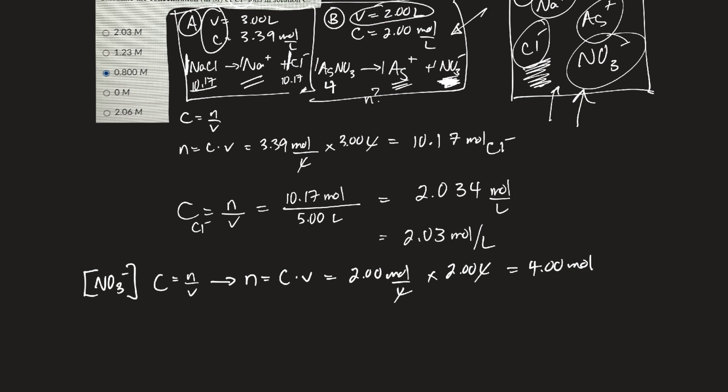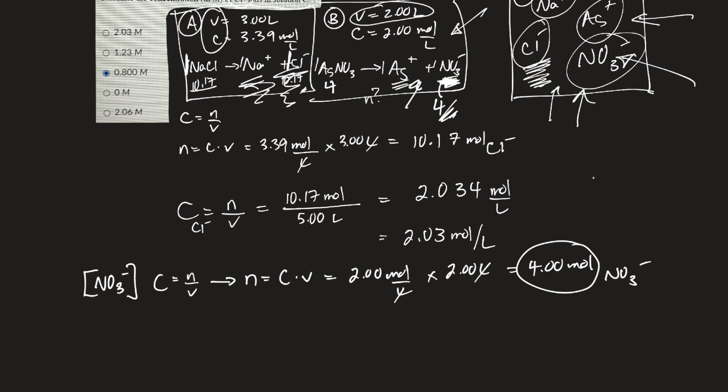Since it's 1-to-1, that would also be the number of moles of nitrate ions in this first solution. So when I dump it in all together, I still have 4 moles, because there are no moles of nitrate over here. I still have 4 moles of nitrate when I dump it into beaker C, but my volume is up.